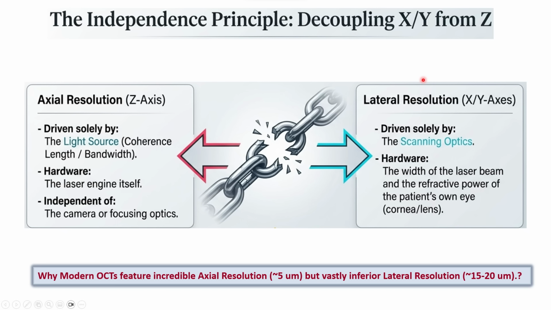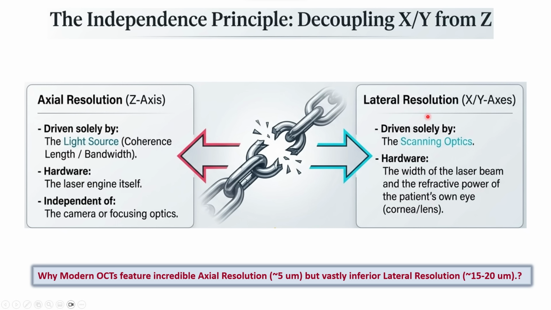This is because the axial resolution is high. But all of us see that when we look at the fundus picture, the fundus picture is not as sharp as the B scan of the retina. And the reason why is because the lateral resolution is less as compared to the axial resolution. The lateral resolution in the OCT is less as compared to the axial resolution.